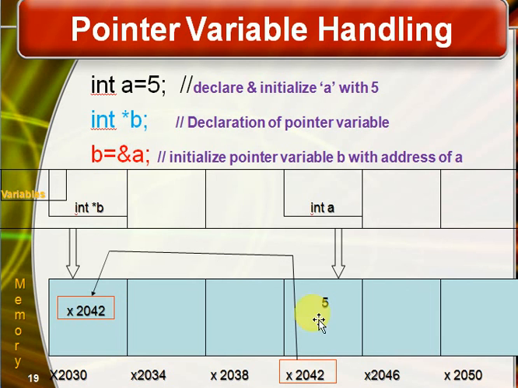That is the representation of these variables in memory: int a with value 5, and the address of this memory location is 0x2042. So if we refer to the address of a, we are referring to this address, 0x2042. Since pointer variable b is initialized with &a, it holds this value, which is actually the address of variable a.